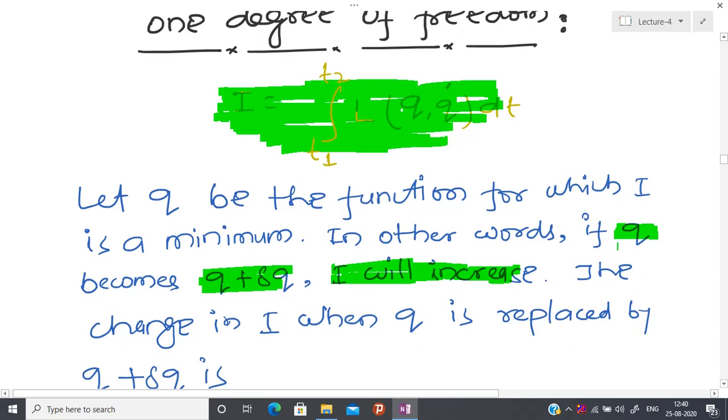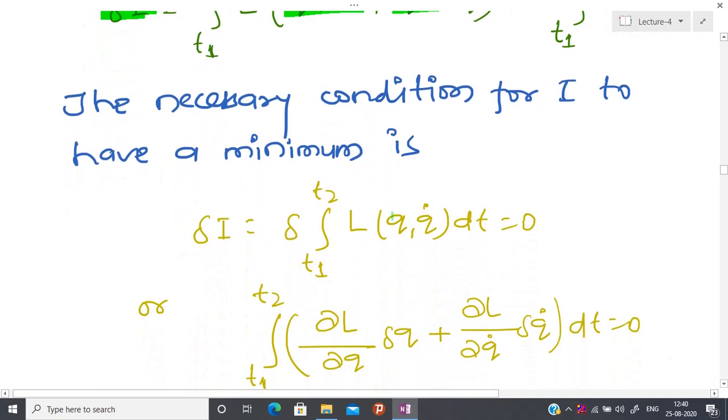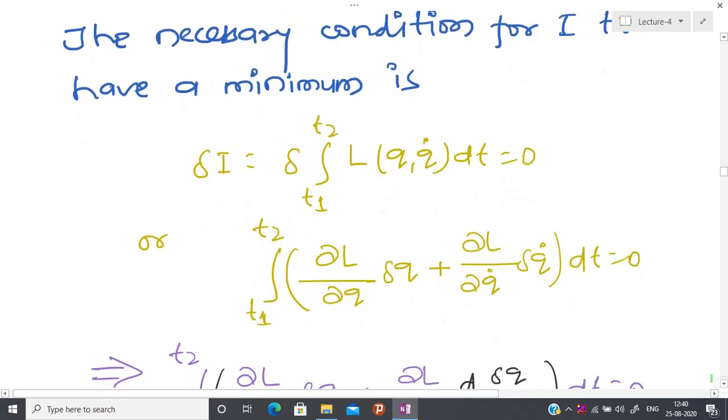So here in place of I, I have delta I. Similarly I want to see this side by delta perturbation, and take the increment in I by delta I.